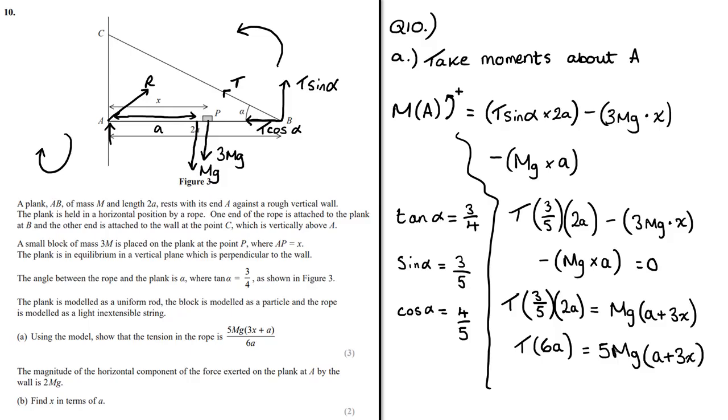And therefore, we just want T, and notice if we just divide by the 6a, we get exactly what we needed here. So T is equal to 5mg times a plus 3x all over 6a. And there we have it. So that gives us the tension in the rope being this expression here that we needed to show.